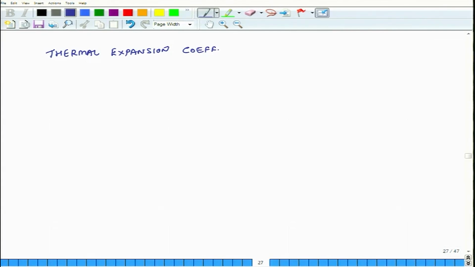Here the question is that you have fiber, you have matrix, fiber expands at a different rate, matrix expands at a different rate. What is the overall expansion coefficient of the composite?